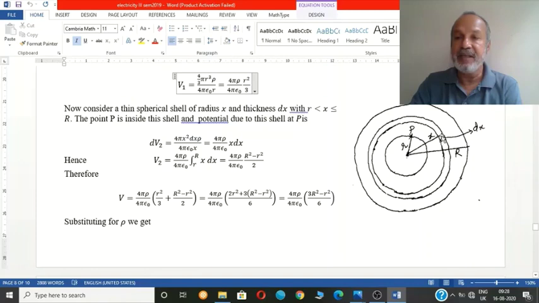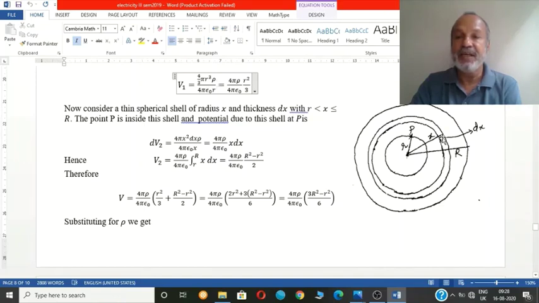Volume contained between x and x plus dx is 4 pi x square dx, because 4 pi x square is the total surface area of the sphere, and that into dx will be the volume.